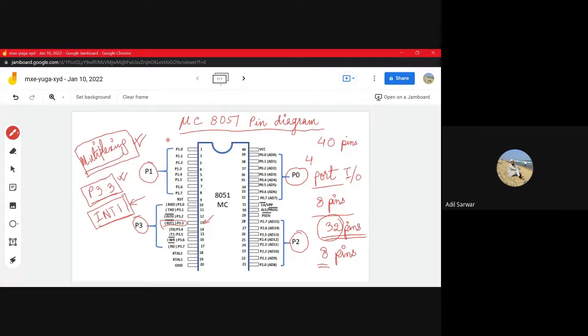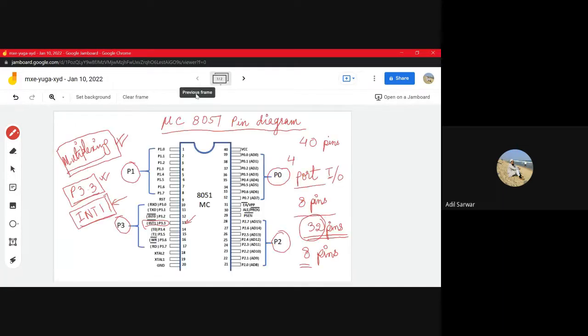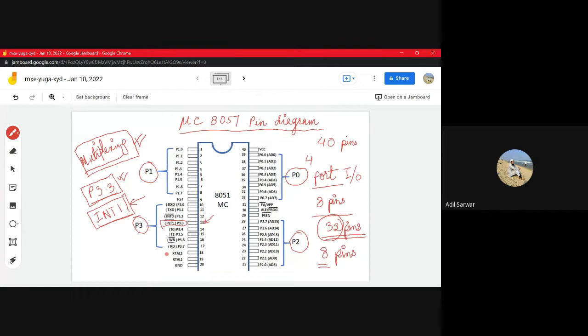Now let us turn our attention to some of the other pins and some of the multiplexed pins also, and we will discuss each one of them one by one. So let's start with these 2 pins, pin number 18 and 19, XTAL1 and XTAL2.